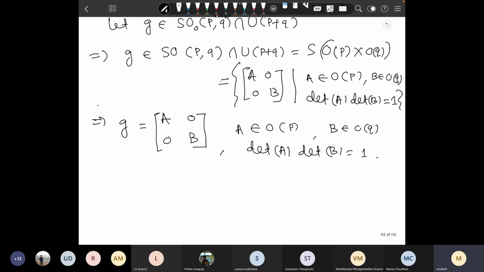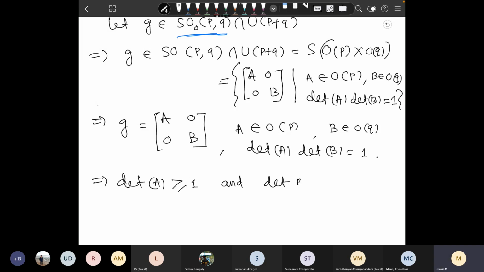Now we also have the condition that g belongs to SO naught P comma Q. By that condition, the determinant of A is greater than or equal to 1 and the determinant of B is greater than or equal to 1.